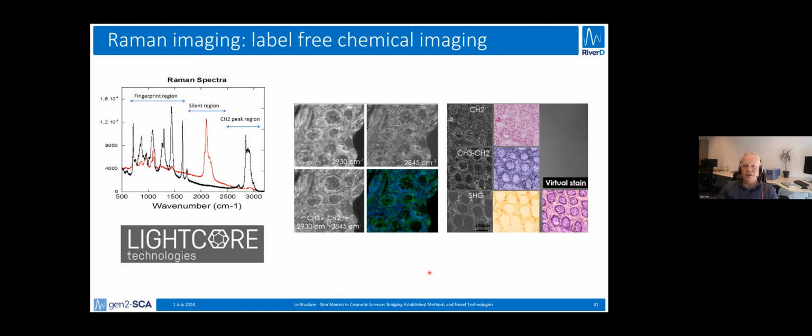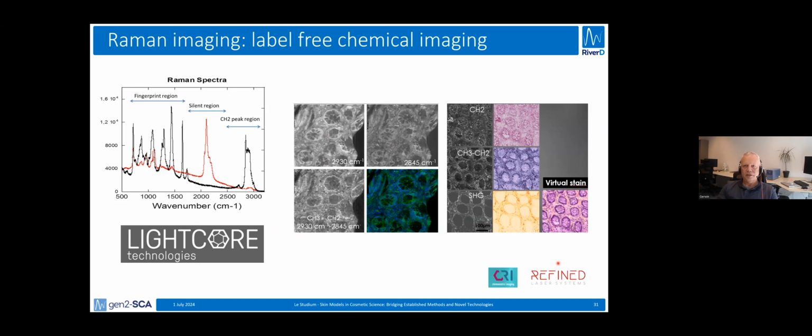And even by combining the images and the contrast that you find at different wave numbers, so at different Raman peaks, you can obtain from living and fresh, unfixated tissue virtual staining images that look very much like what, for instance, a pathologist looks at in H&E stain slides.